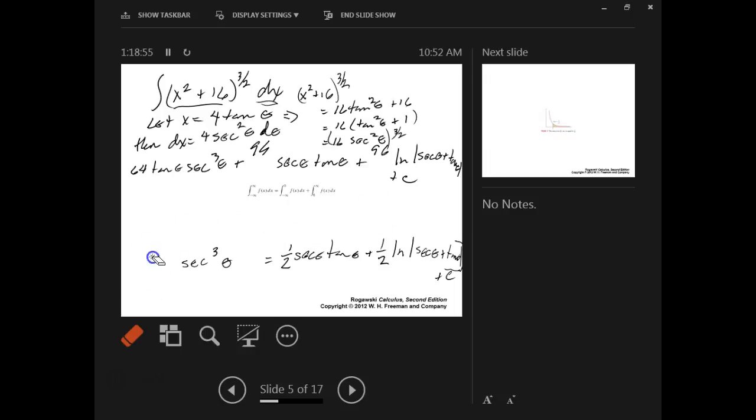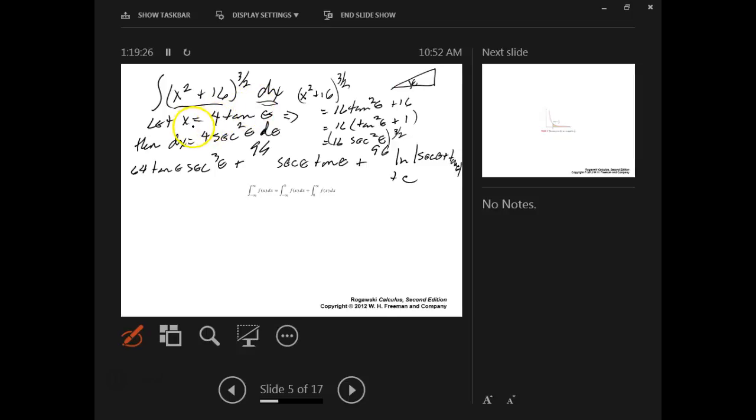This is the last part. With these trig substitutions, you really need to get back to the variable in question. Usually it's not too bad. Let's see how bad it is this time. X is equal to 4 tangent theta. Draw your little triangle. So tangent theta, if this is your theta, is what?